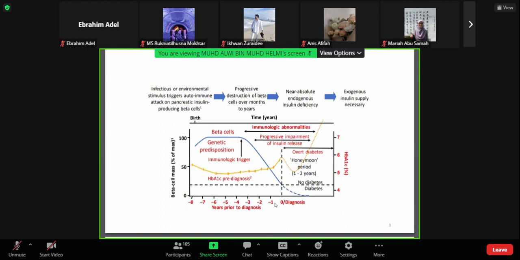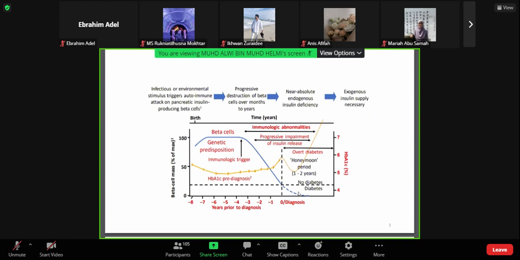Most of the time, the physiological changes, or the pathophysiology, of type 1 diabetes have already occurred up to 8 years before diagnosis.